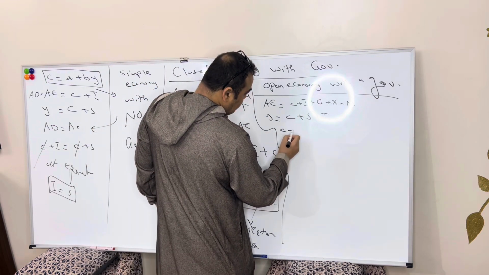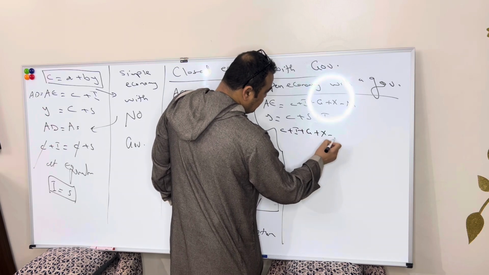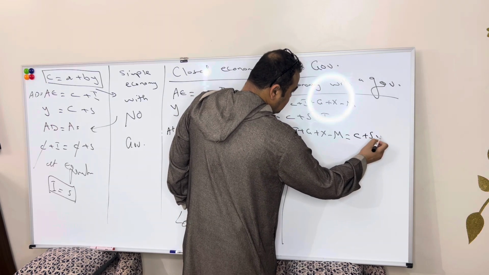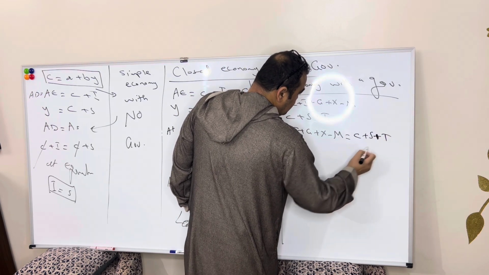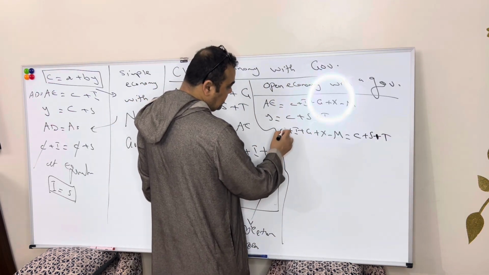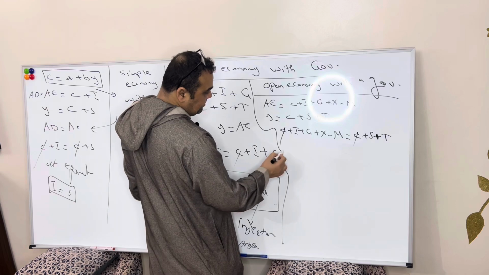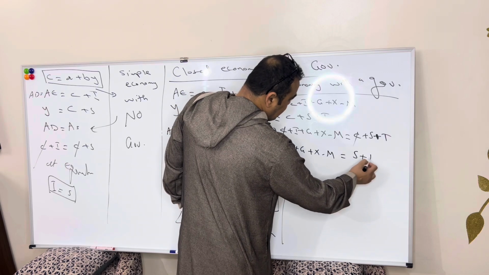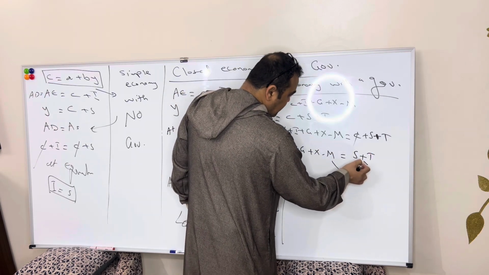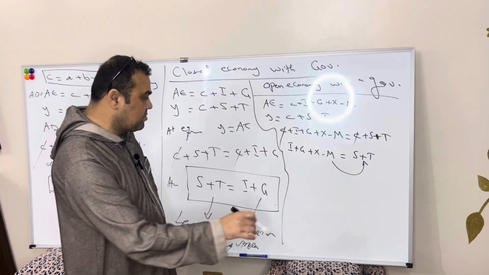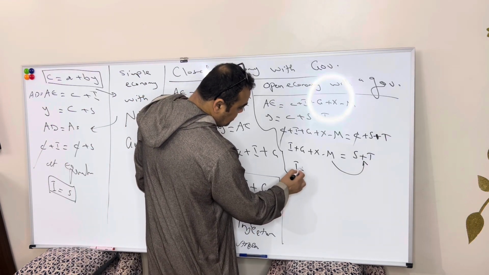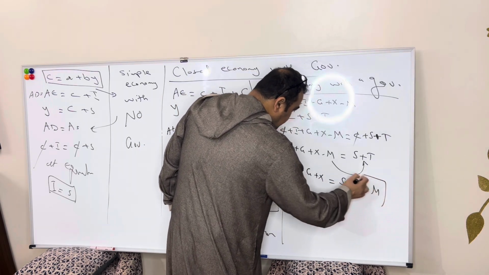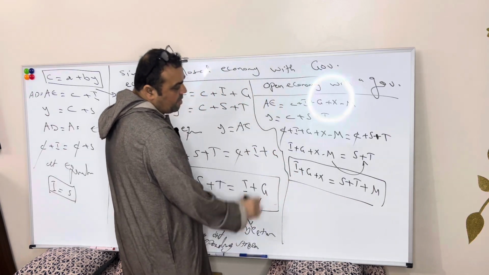So C plus I plus G plus X minus M must equal C plus S plus T. Subtracting C from C, at equilibrium, I plus G plus X minus M equals S plus T. Let's transfer the imports to the left side. So we have I plus G plus X must equal S plus T plus M. This occurs at equilibrium.